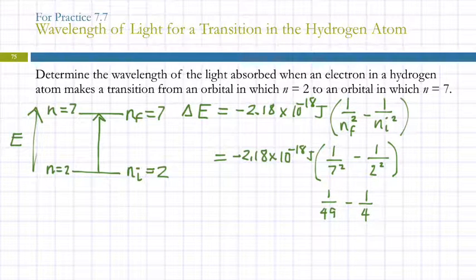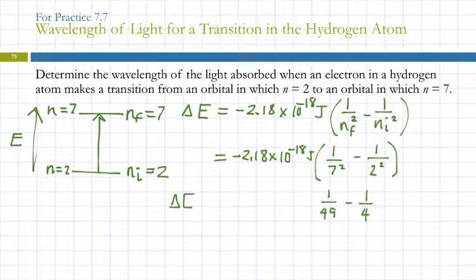So on my calculator, I'm going to put in negative 2.18 EE minus 18 times the quantity. I'm going to use parentheses. And I'm going to do 1 divided by 49 minus 1 divided by 4, and I'm going to close the parentheses and press equals.